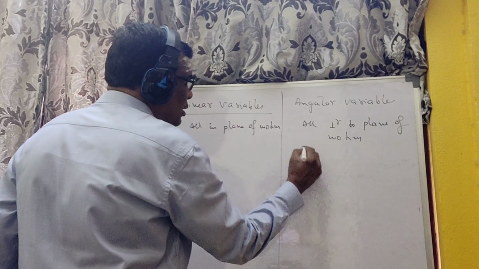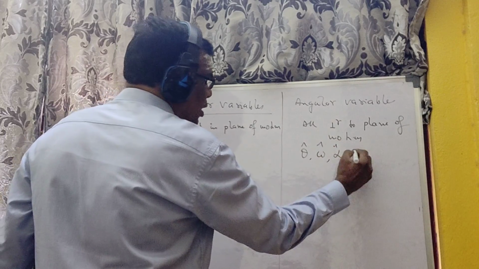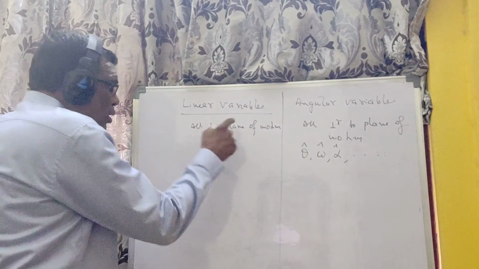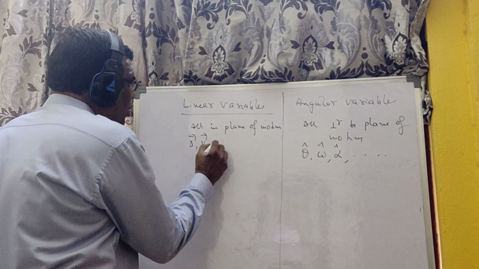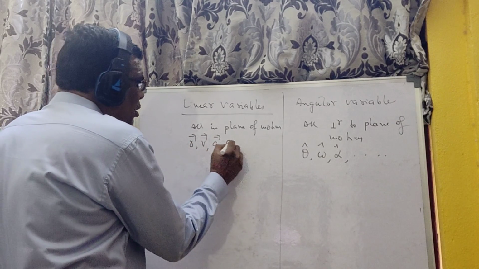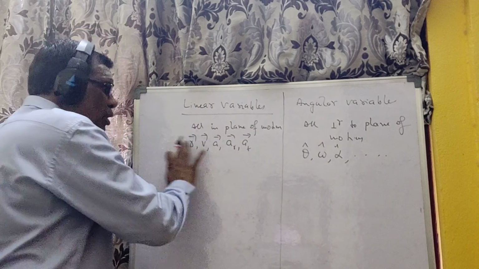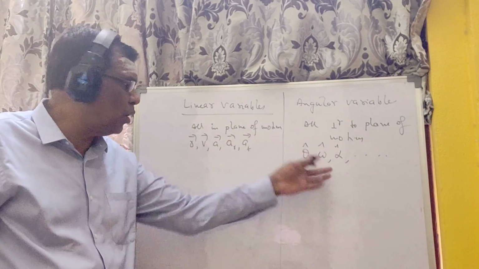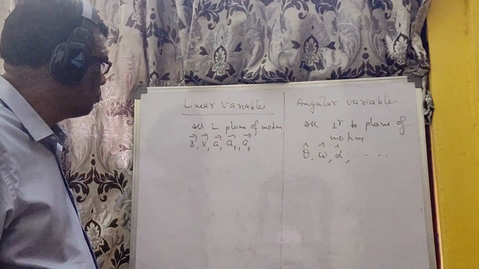What are they? Theta cap, omega cap, alpha cap, etc. Here, what are they? r bar, v bar, a bar, a_t bar. These are all in the plane. These two are always perpendicular, always. That's what we should remember.